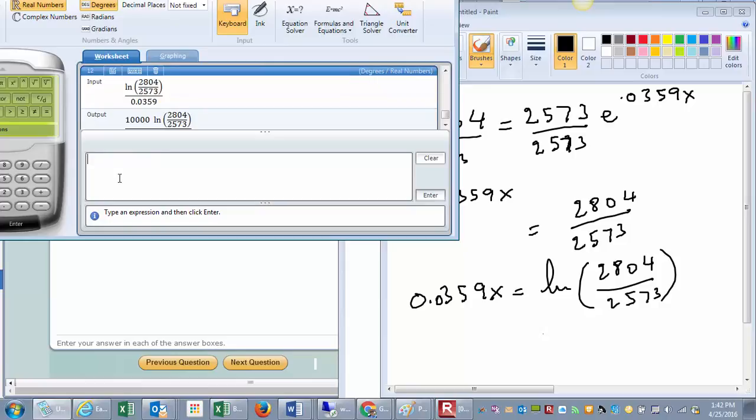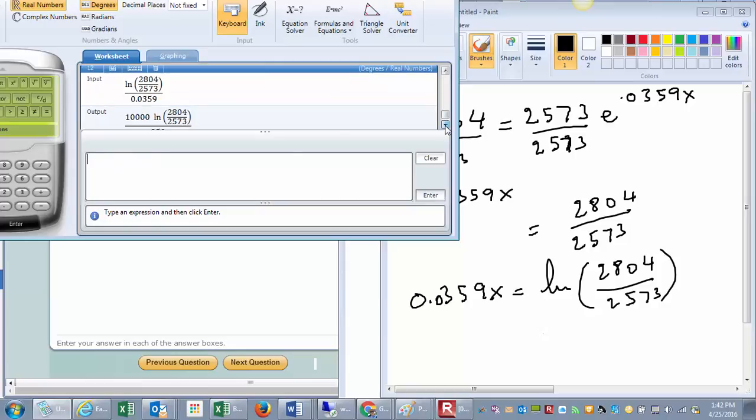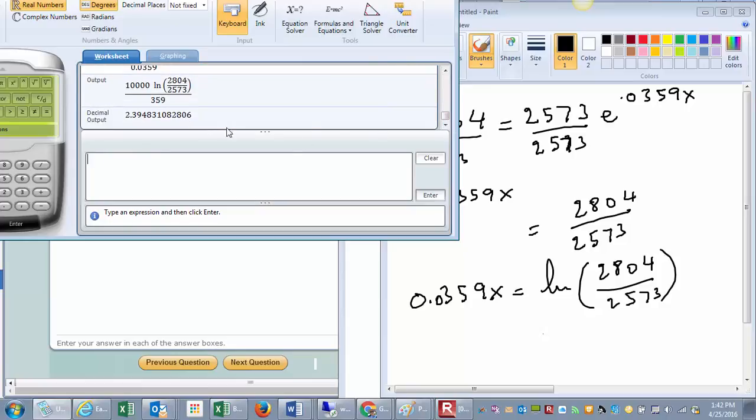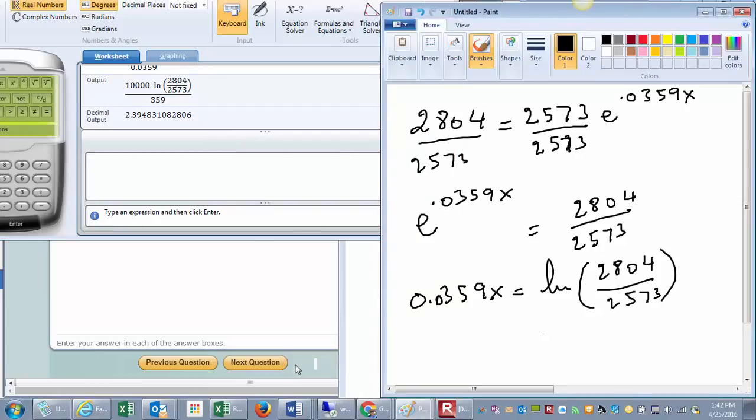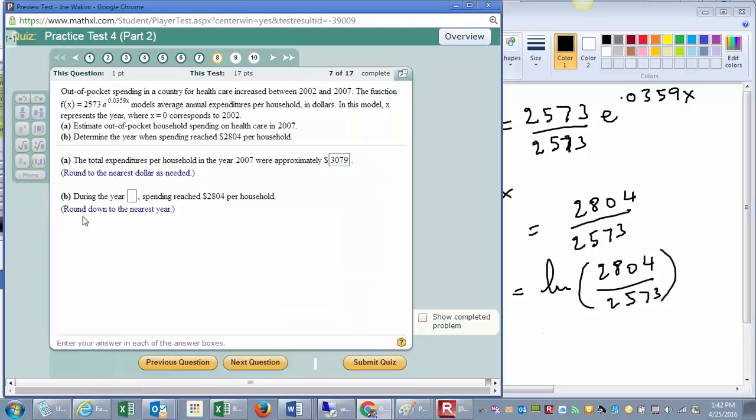Enter. Okay, that should be better. 2.39. Okay, let's see how we're going to round this. Round down to the nearest year. So 2.39, we're going to call it 2. And so x equals 0 is 2002, plus 2 would be 2004, during the year 2004.